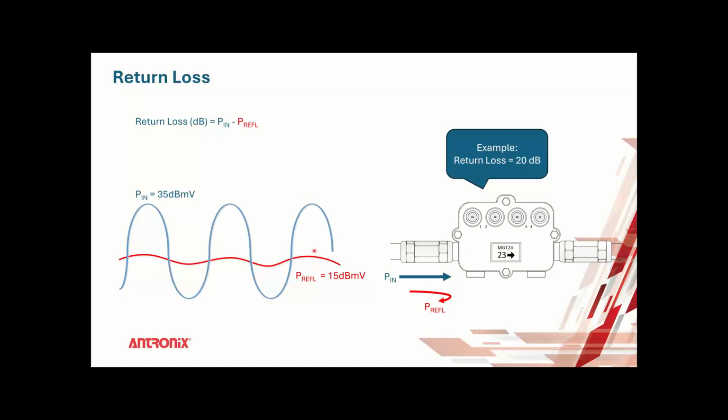And that number gets larger and larger as the return loss gets smaller and lower. So if you have a 5 dB return loss and your power input is 35 dBmV, your reflected power is 30 dBmV going back up the cable.